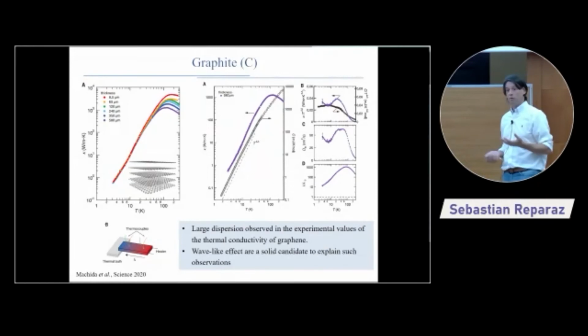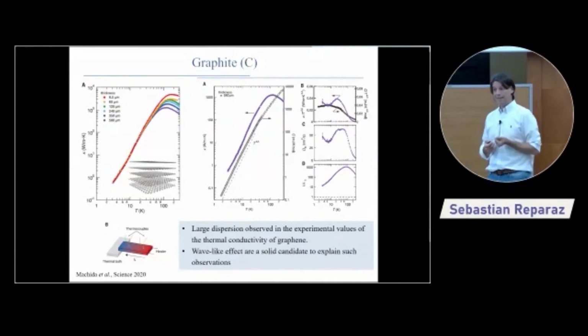What people have found over the years, and in this particular case, a group in Japan was studying graphite as a function of the thickness and the temperature dependence of the thermal conductivity. This is a different approach. What is interesting about this work is that they also found different values for the thermal conductivity of graphene when you approach the zero thickness case, okay?